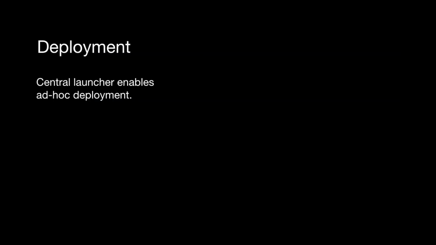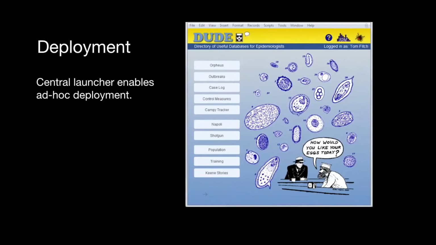Okay, so we kind of got ahead of the slides, but this is our data directory of useful databases for epidemiologists. This is how it looked before COVID. It's just a launcher file that lets us quickly deploy.